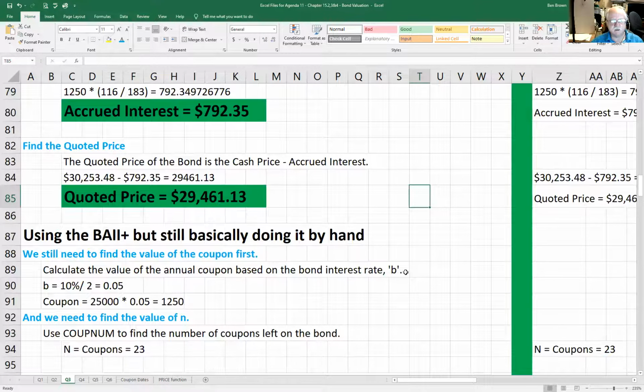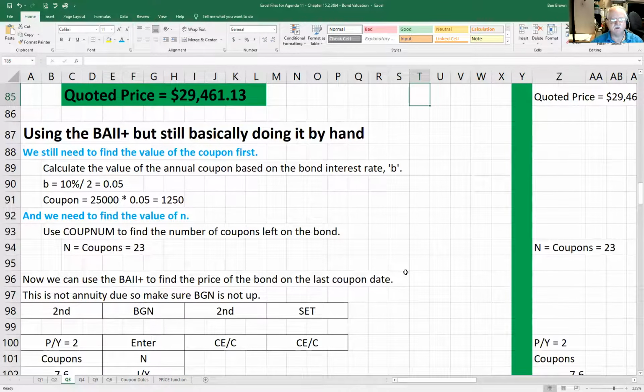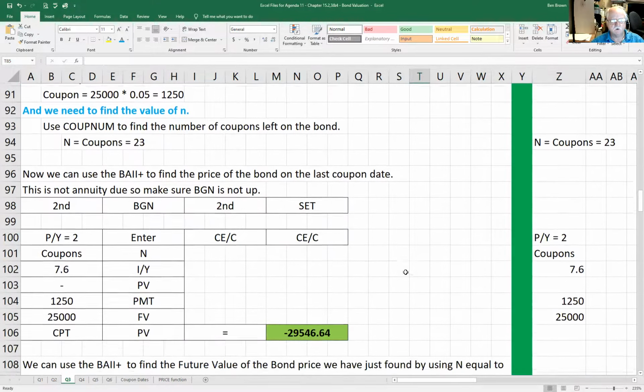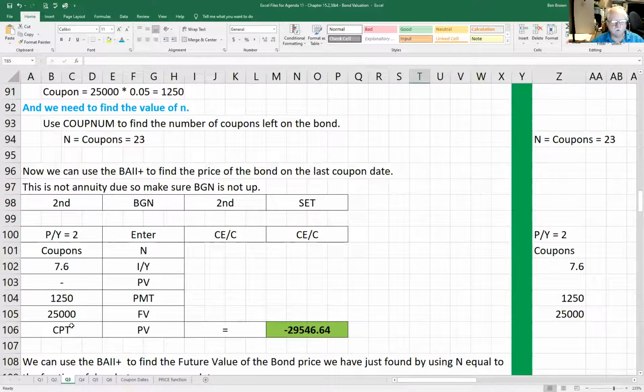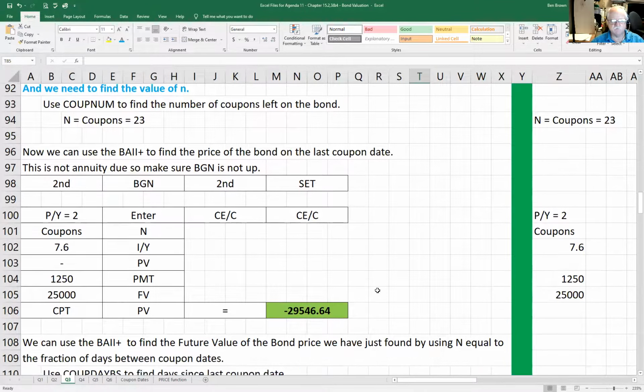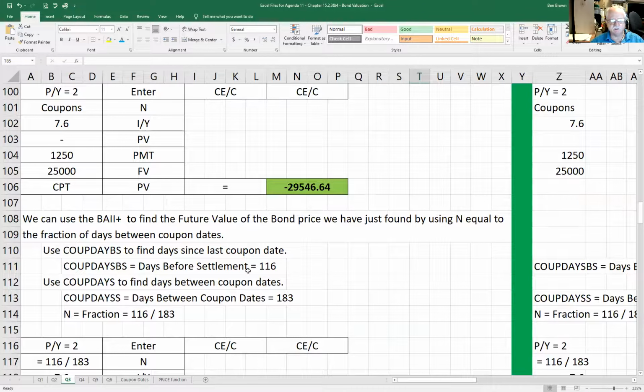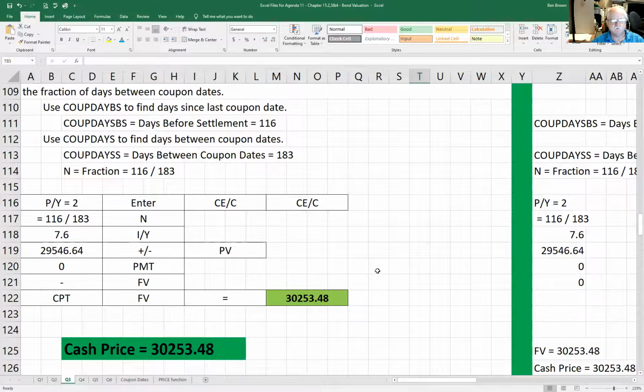Now we can do this calculation on the BA2 plus. This is what we would have done with the coupon and the future value of the bond. And then we'd still have to use the Coup BS and Coup S to find the fraction of the days. And notice we've put that fraction in here.